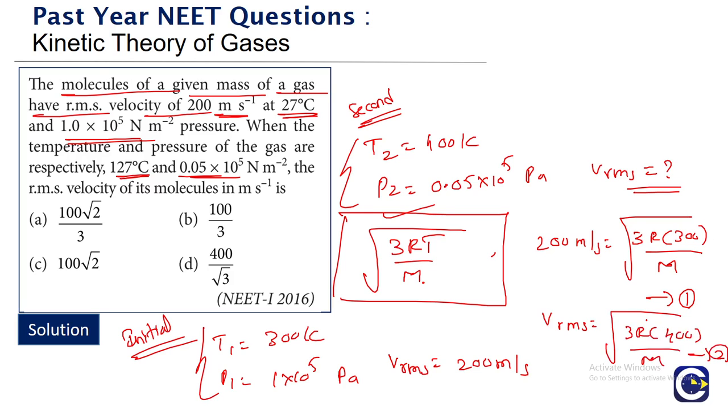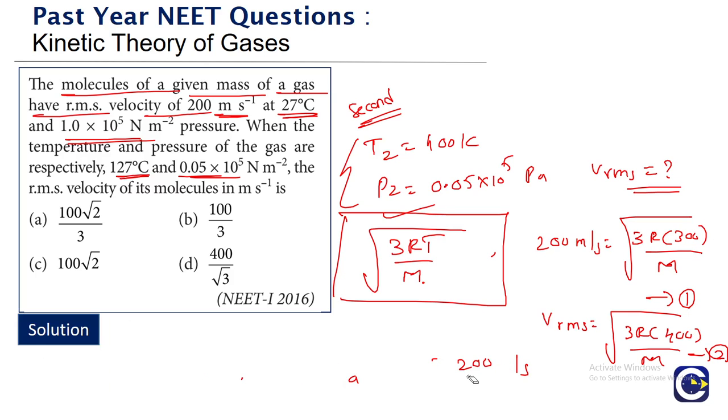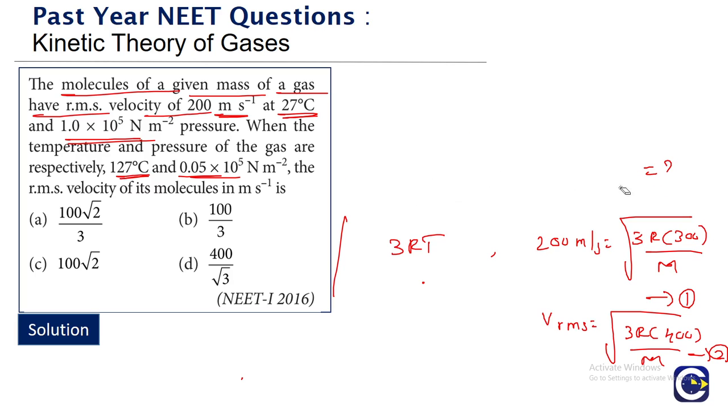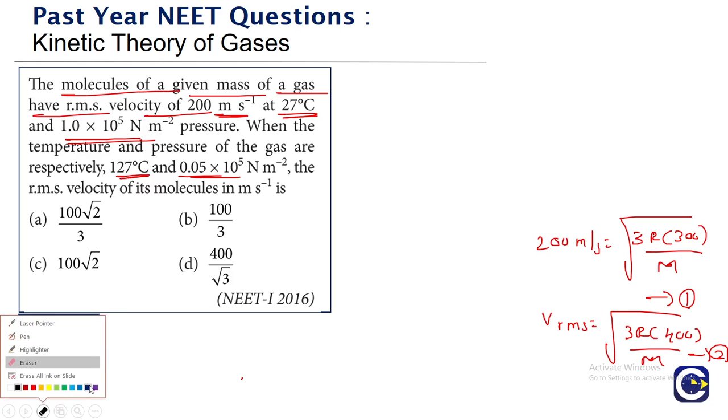Now what we are going to do? We just have to take a ratio of them and eliminate. So here capital M, molar mass of the gas, is the unknown parameter. We can just eliminate it by taking a ratio. Now it is just simplification. So we got the two equations and we just have to eliminate the molar mass to get the unknown. Unknown here is the RMS speed.